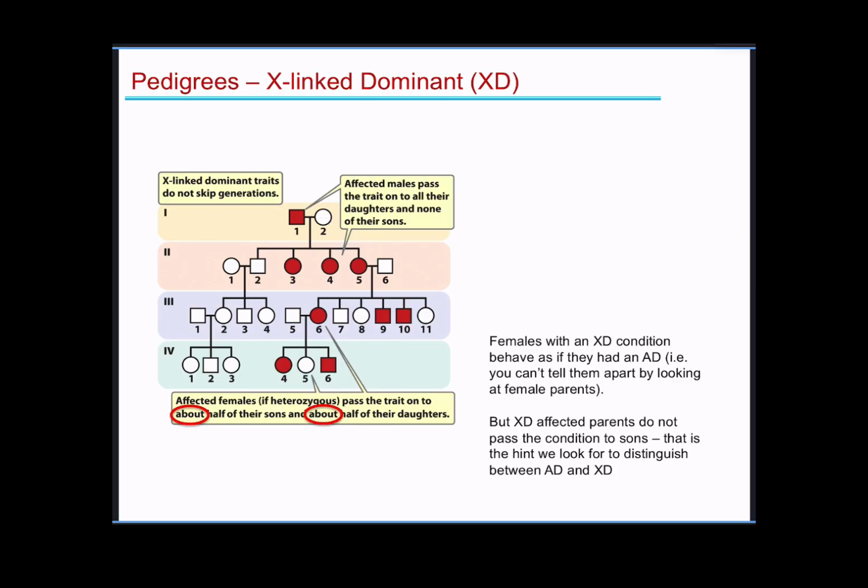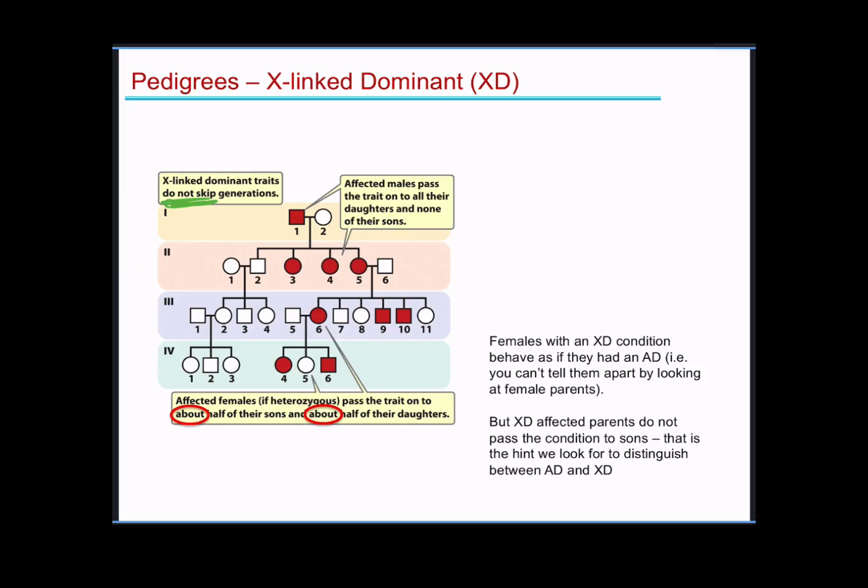What about X-linked dominance? Well, X-linked dominant conditions don't skip generations either, right? But they do affect males and females slightly differently. So females with an X-dominant condition behave as if they had an autosomal dominant. Why?